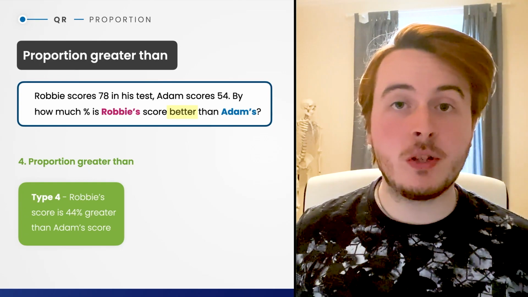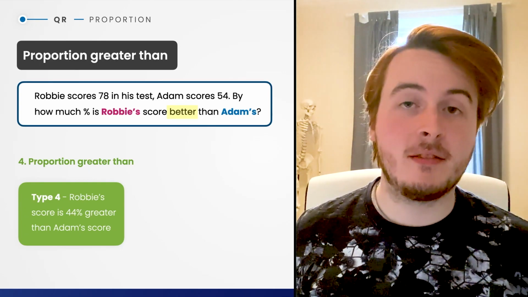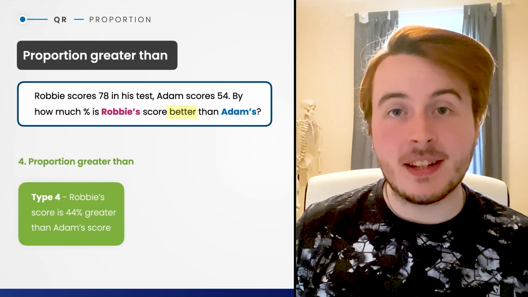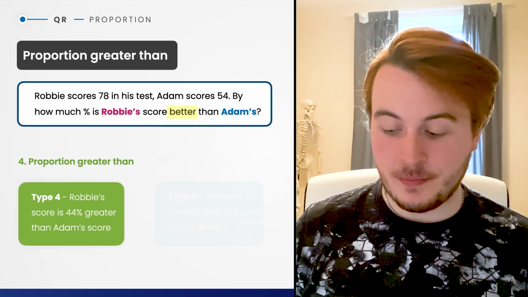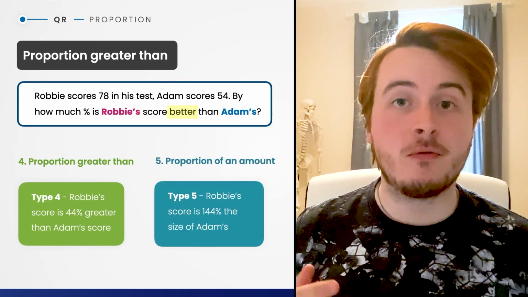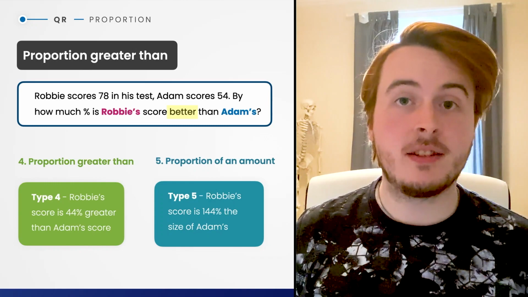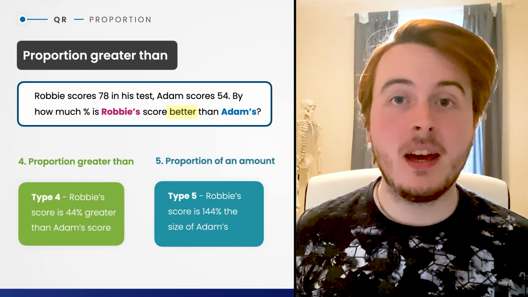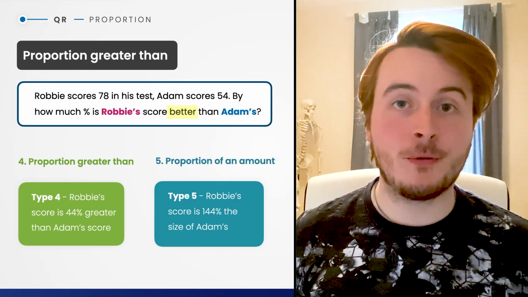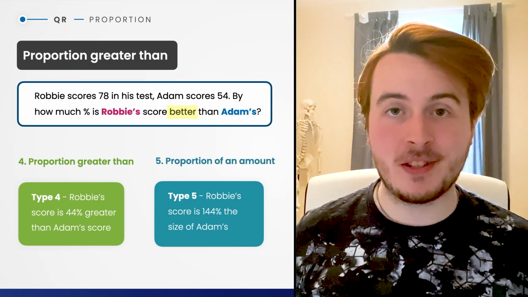The prime difference is we don't take that 1.44 and convert it to 44%; we leave it as 144%. An example of how this would be worded is: what is Robbie's score as a percentage of Adam's score? We'd just take 78 over 54 to get 1.44, or 144%.